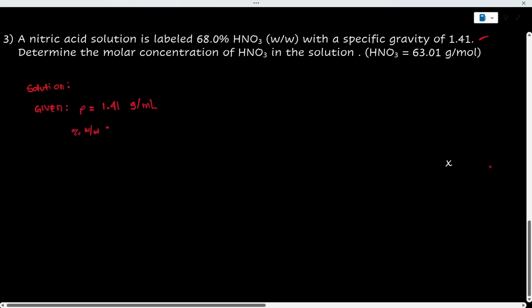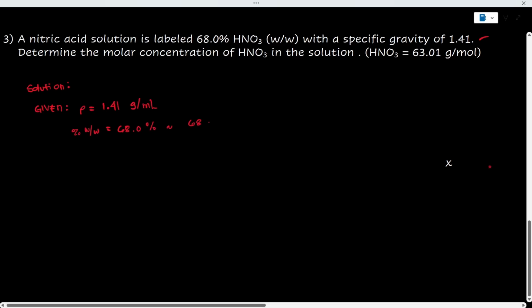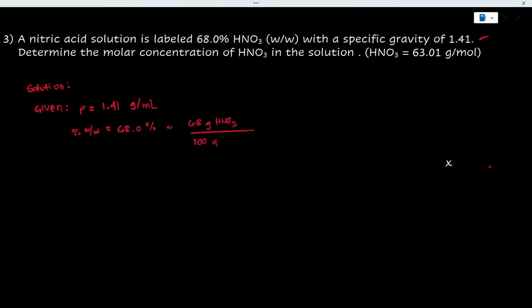So mass percent is 68.0% or just 68 grams of nitric acid per 100 gram solution. Okay, so let's start solving. So let's start with the mass percent. 68 grams HNO₃ over 100 gram solution.